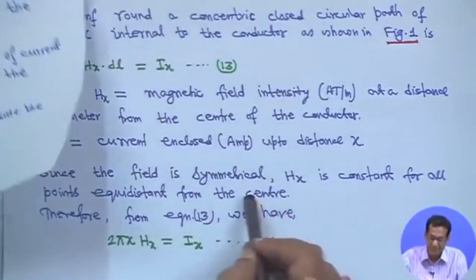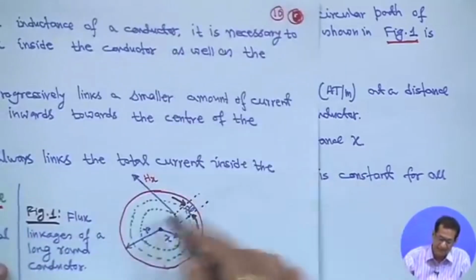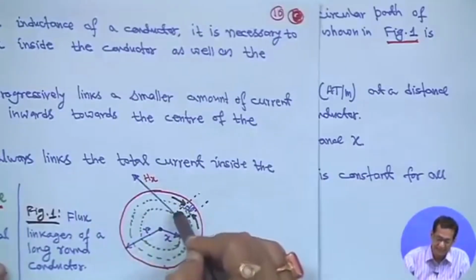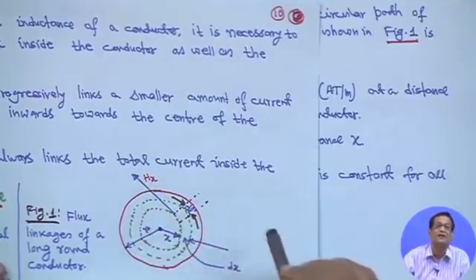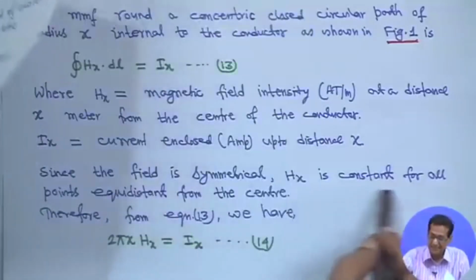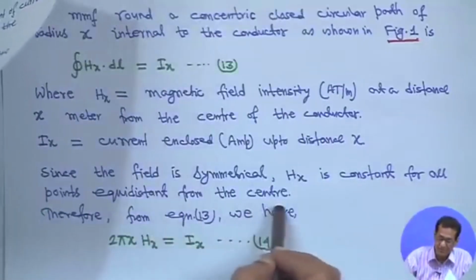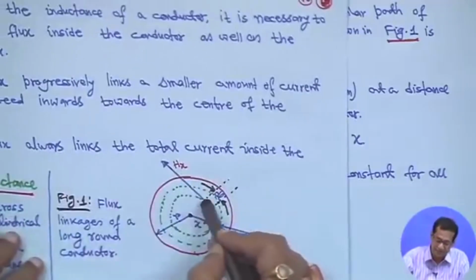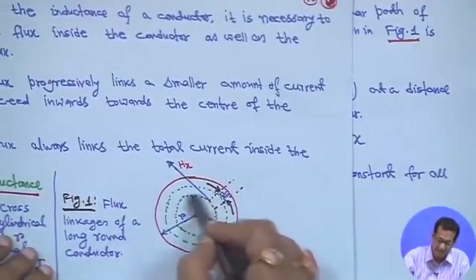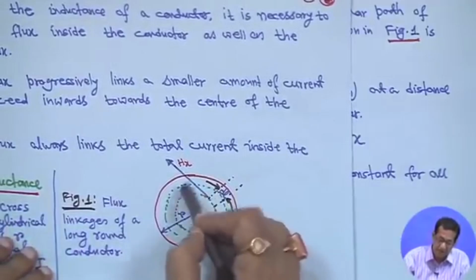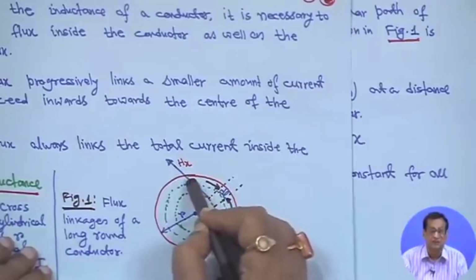Since the field is totally symmetrical, Hx is constant at every point, for all points equidistant from the center. As it is a circular path, everywhere Hx will remain constant.